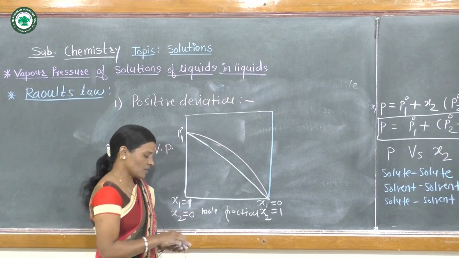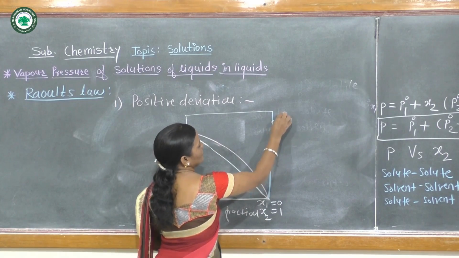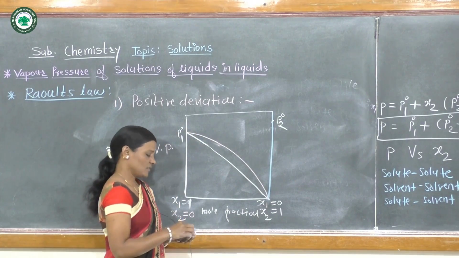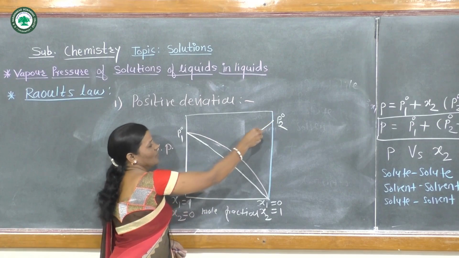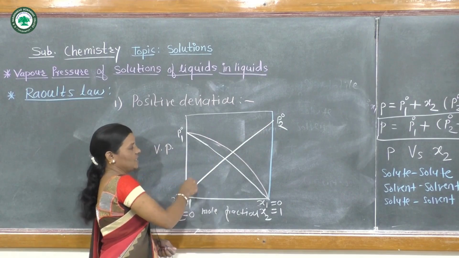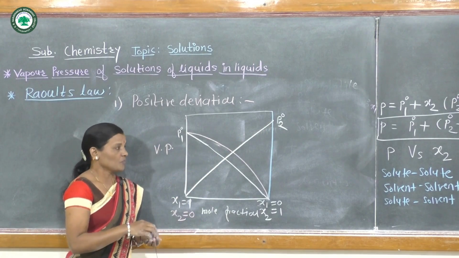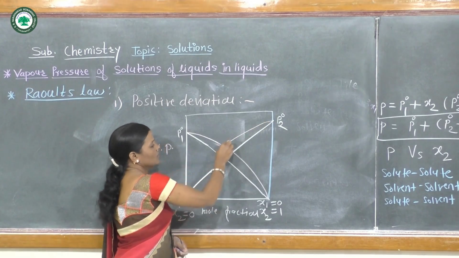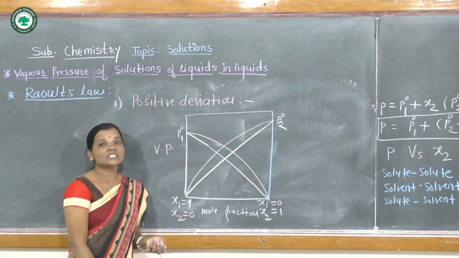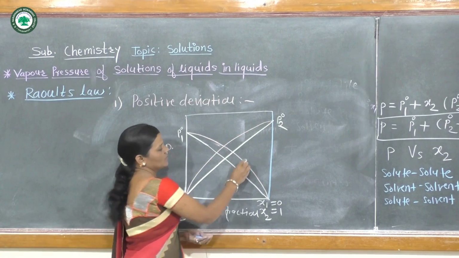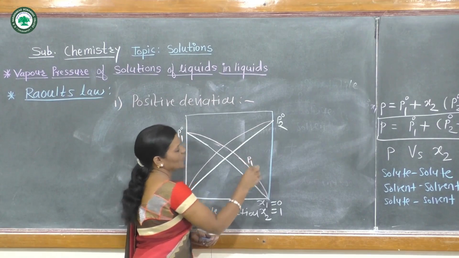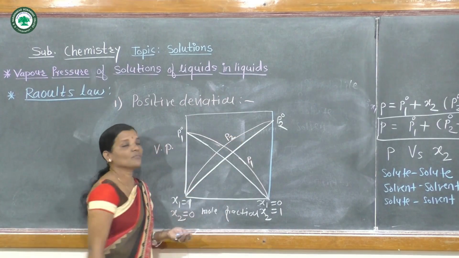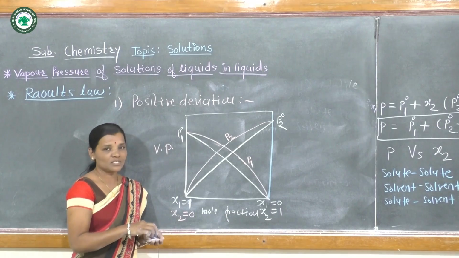If we consider P02 to be the vapor pressure of pure component A2, for an ideal solution a straight line is obtained, but for positive deviation we get a curve instead of a straight line. This curve is for the partial vapor pressure of component A1 and this is for the partial vapor pressure of component A2 in the binary solution.